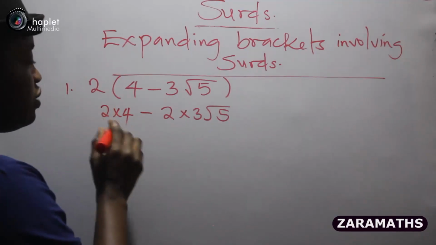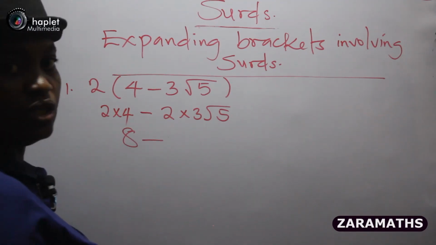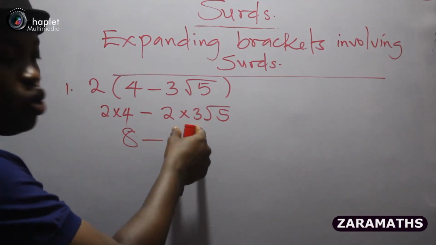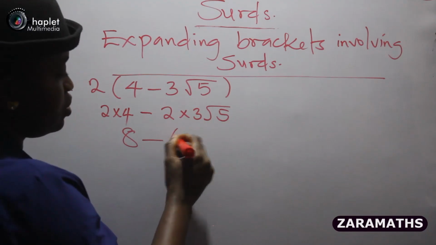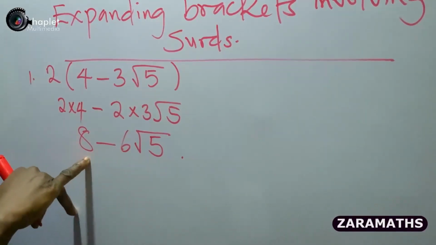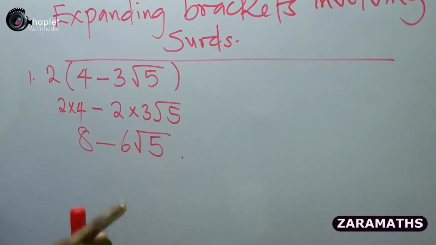So this becomes 2 times 4, 8, minus, remember the multiplication in surd, 2 will be multiplying only 3 here to give us 6 root 5. This is not having any surd, so the answer is 8 minus 6 root 5.